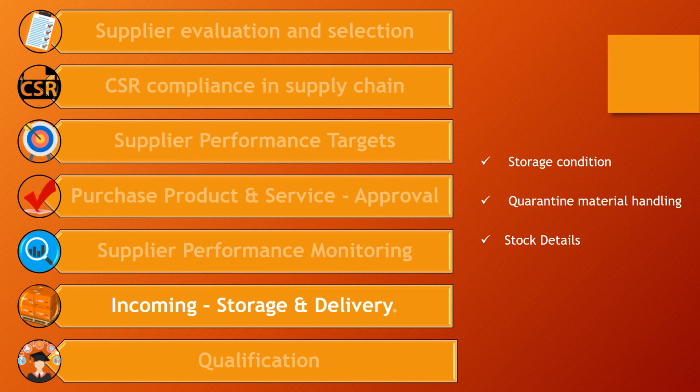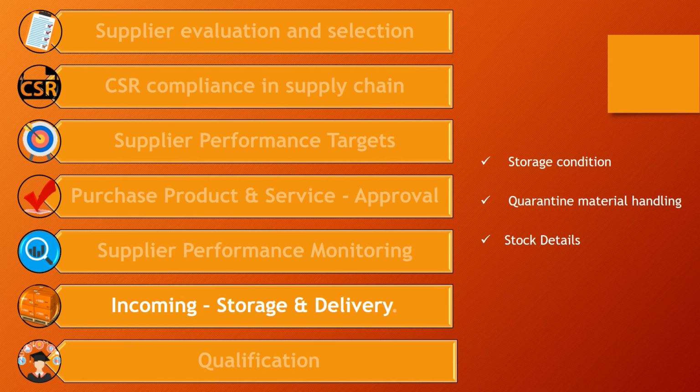The storage condition of the material should conform to the product requirement. For example, materials that are sensitive to temperature, humidity, vibration, because it affects the quality of the final product. So their transport and storage condition should be defined and evidence to be maintained for those.